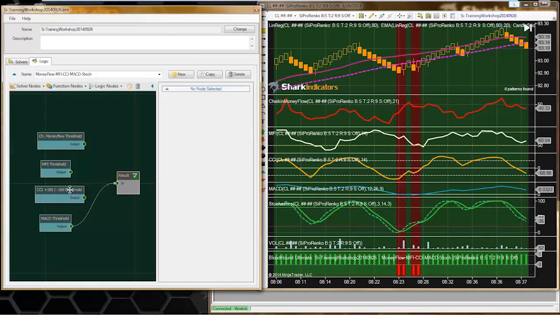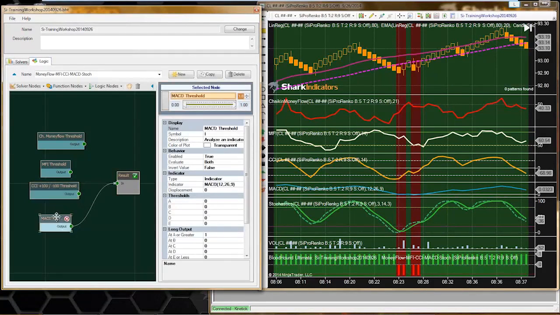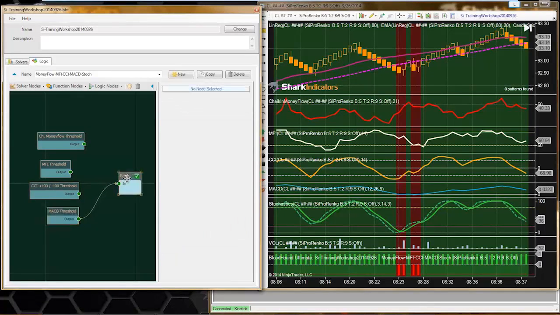Our stochastics condition is going to be slightly different, because we're not comparing the stochastics against a threshold level. We're actually comparing the two against each other.